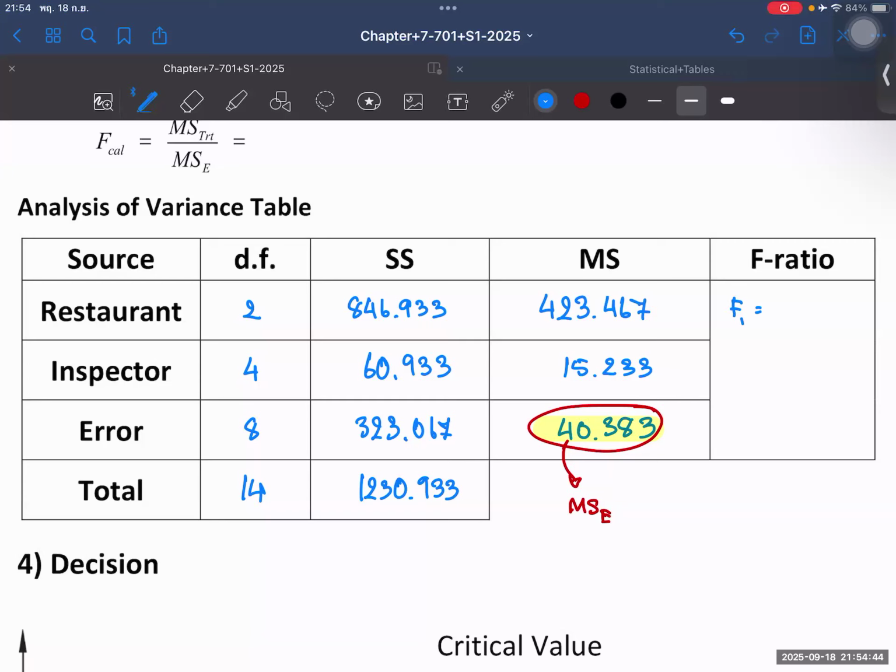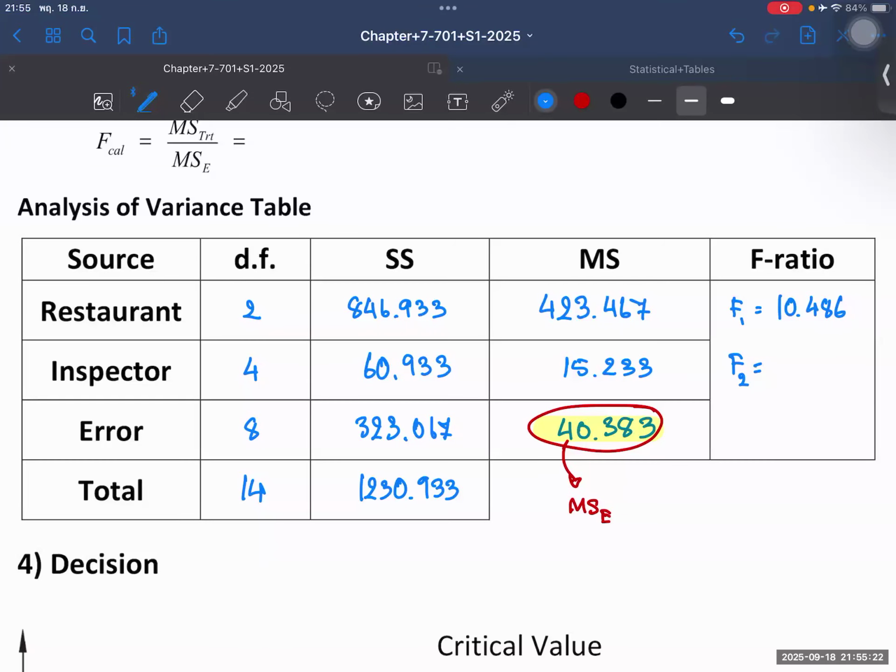So the F1 we use 423.467 divided by the mean square error. So we get, maybe I think I missed something. Okay, I get 10.4x6 and F2.